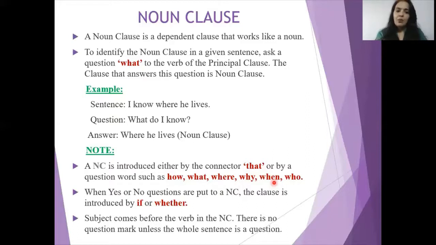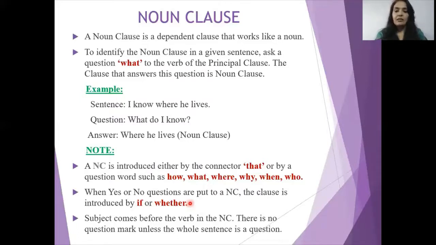When yes or no questions are put to a noun clause, the clause is introduced by if or whether. We can understand this point with the help of narration also, direct and indirect speech.